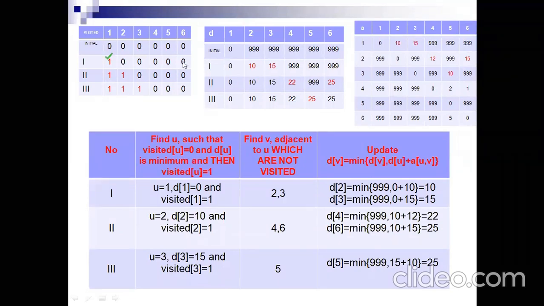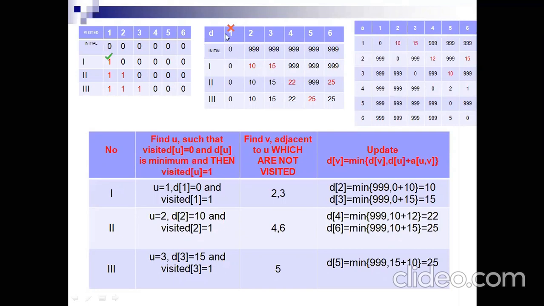So in the D matrix, except D1, I should find which of 2, 3, 4, 5, 6 has the minimum value. That is your DU and U.